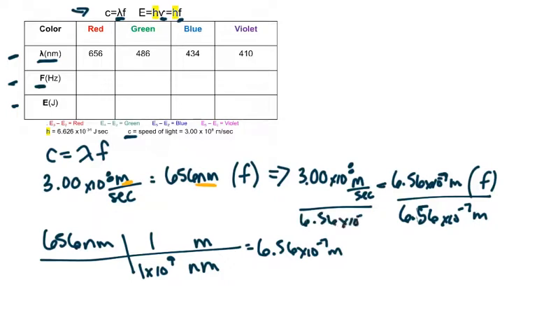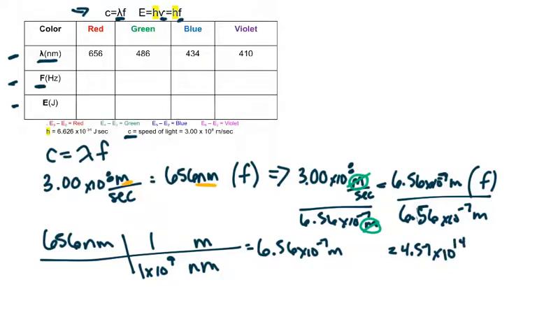With my meters in the numerator up here and my meters in the denominator there, it cancels. When I divide those two numbers, I get 4.57, 3 sig figs since I was given 3 in my wavelength, times 10 to the positive 14.